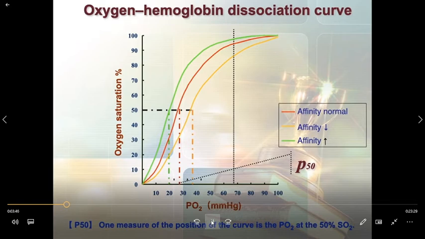What can we read about partial pressure of oxygen? See this one. At the level of 50% oxygen saturation, the related partial pressure of oxygen is, yes, a little bit less than 30. That's P50.